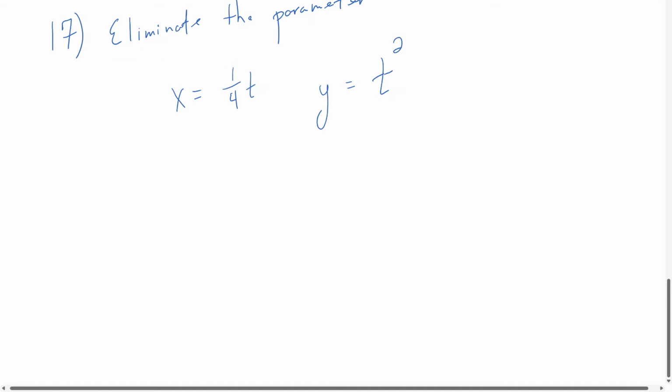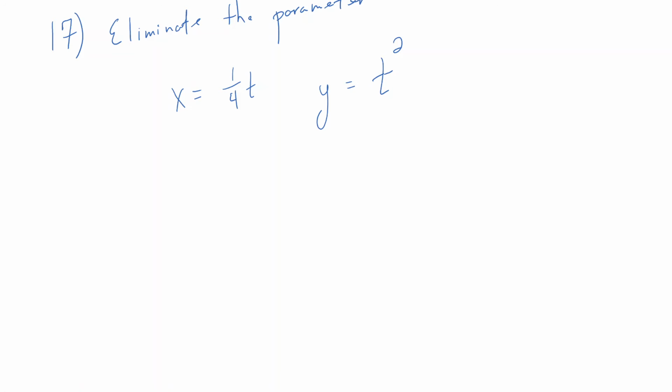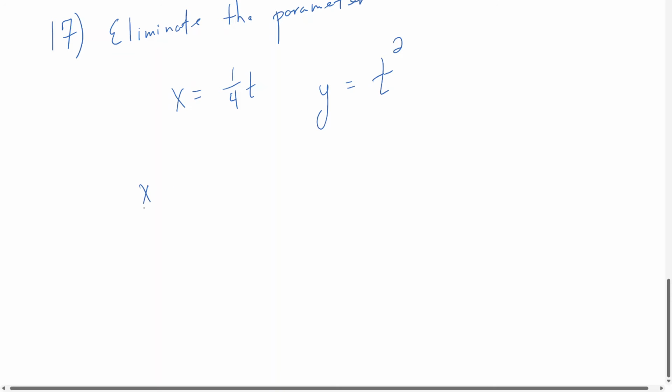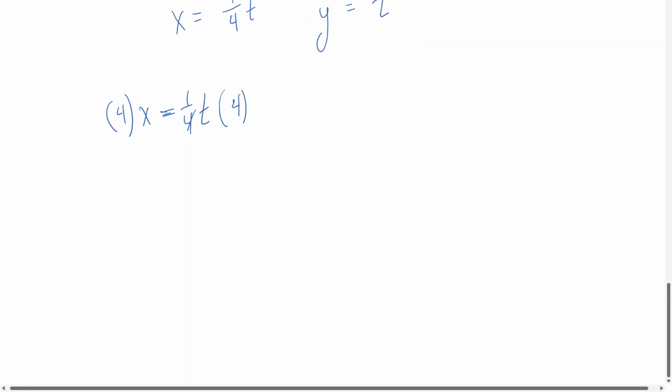So remember, you solve for t on one of them, and then you plug it into the other one, so that we end up with a rectangular equation. So if I solve for t in the first one, here I could just multiply by 4, both sides. T is equal to 4x.